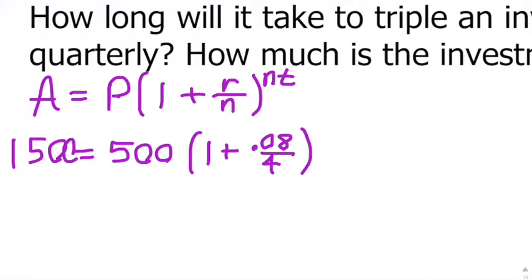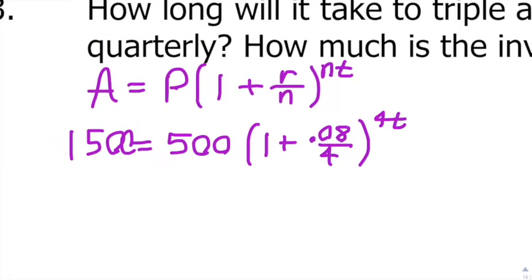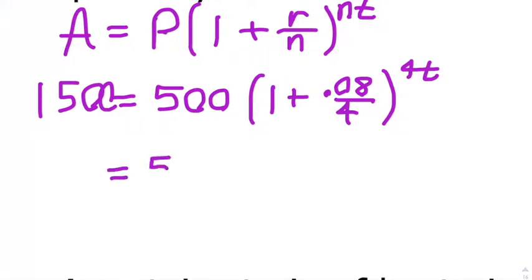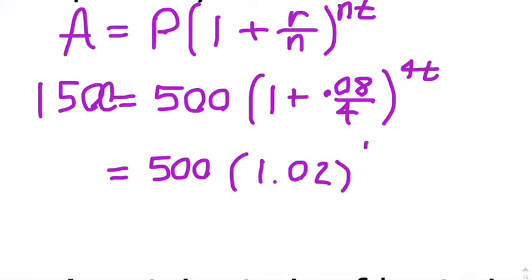And then we're going to raise that to n times t, so 4 times t. Okay. Now, there's a couple of approaches we can do here. We can actually go ahead and simplify everything inside of the parentheses. So I'm going to do that. So apparently when we do that, and you can just type it all in your calculator, that's going to be 1.02 right there, and then raised to 4t.